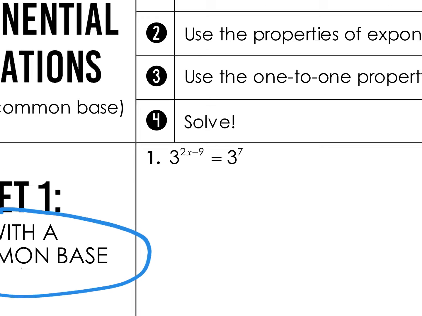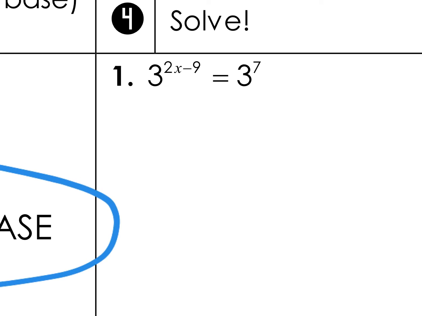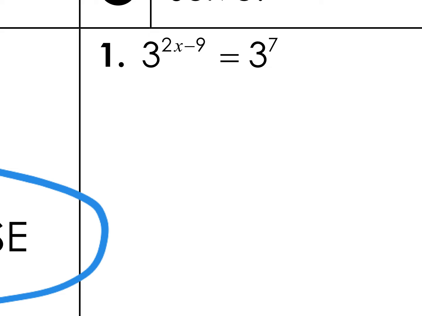All right, there's a little saying that we have in the math world that when we're solving exponential equations, here it is. If the bases are the same, then the exponents have to be the same. Because this is 3 to something equals 3 to something.